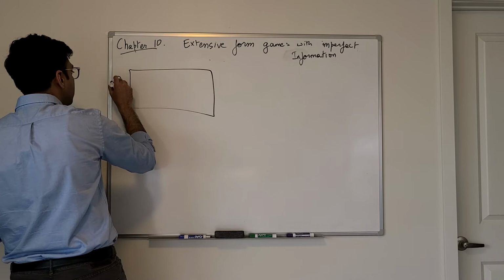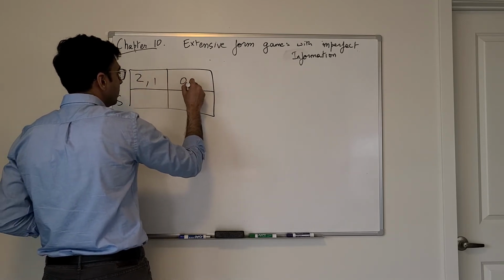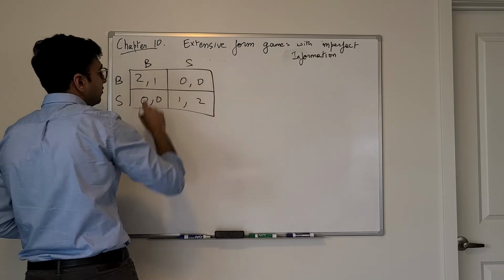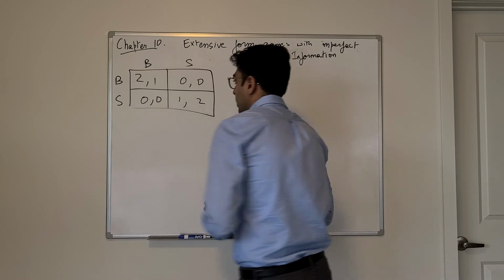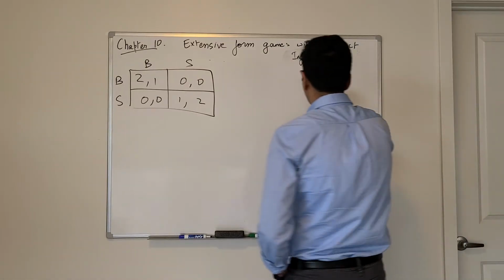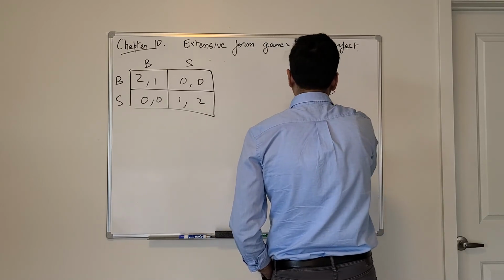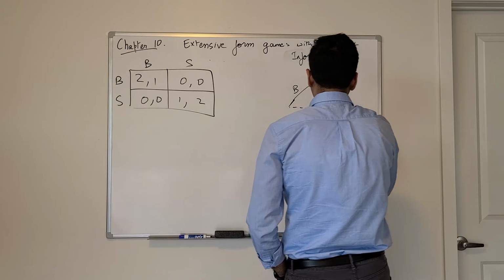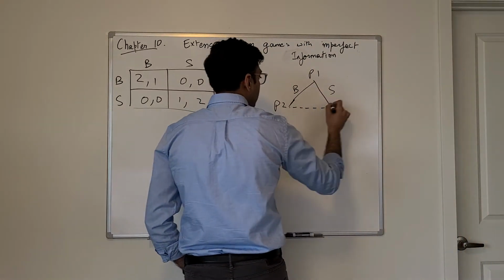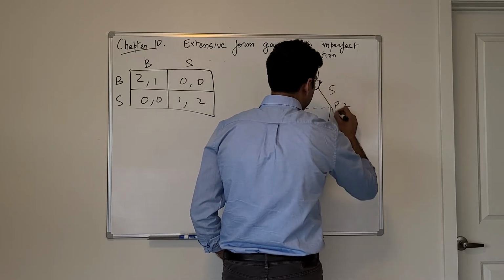This is the Bach or Stravinsky game, where you had a 2-1-0-0-1-2-0-0 payoff matrix. We can also write this out equivalently as this game, where player 1 first chooses either Bach or Stravinsky. Player 2 doesn't know whether player 1 has chosen Bach or Stravinsky, but player 2 has to again make that choice between Bach and Stravinsky.